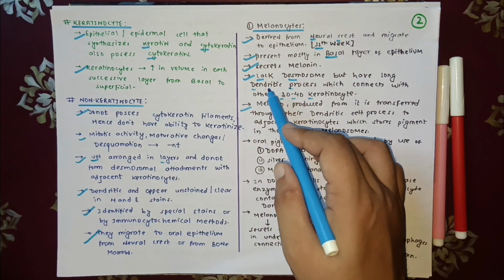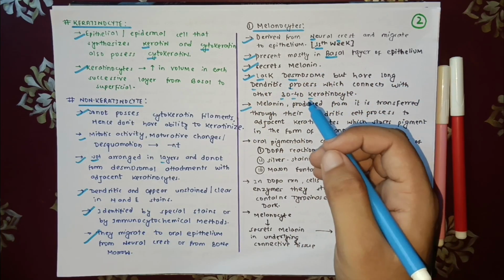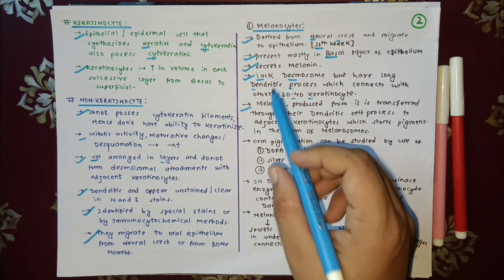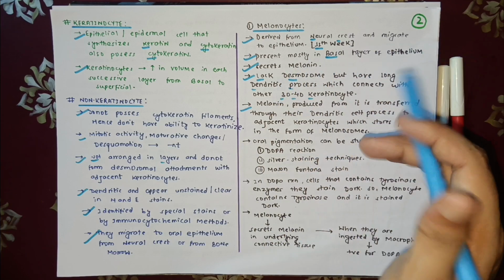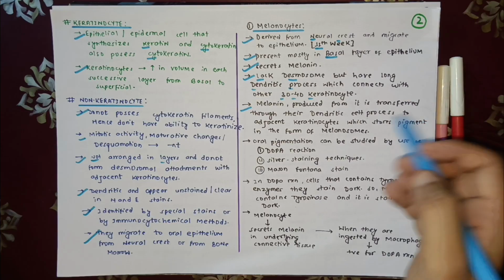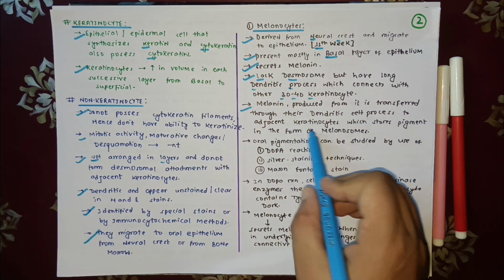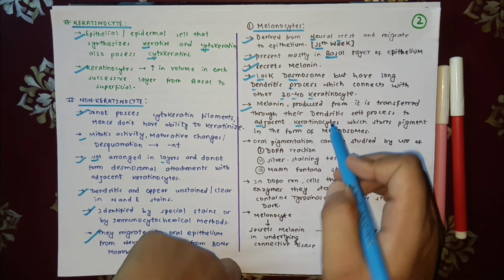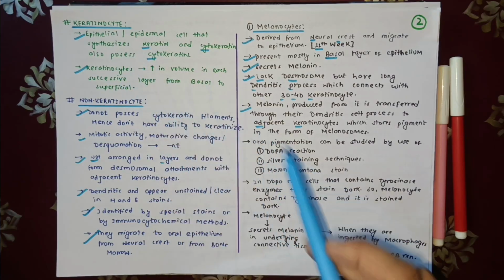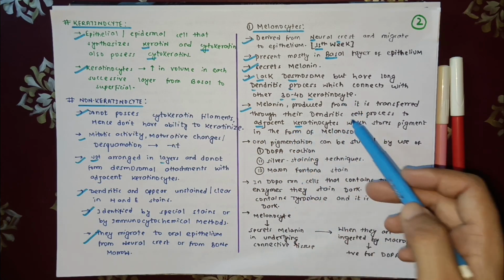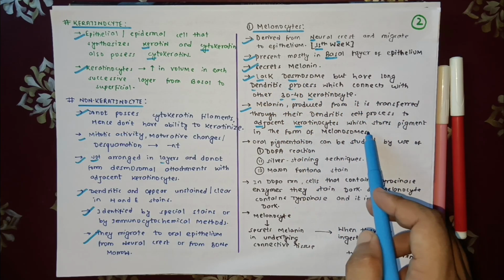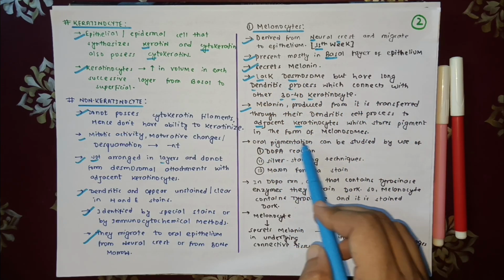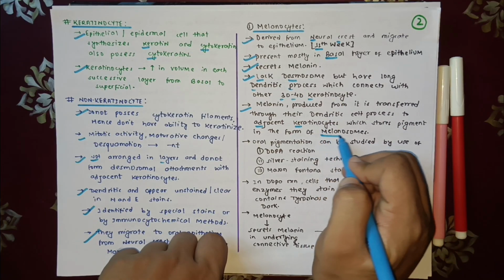So through those dendritic processes, the melanin secreted from the melanocyte is transferred to the adjacent keratinocytes, and those are stored in a pigment form. That pigment's name is melanosomes. This is important and can be asked in MCQ exams.